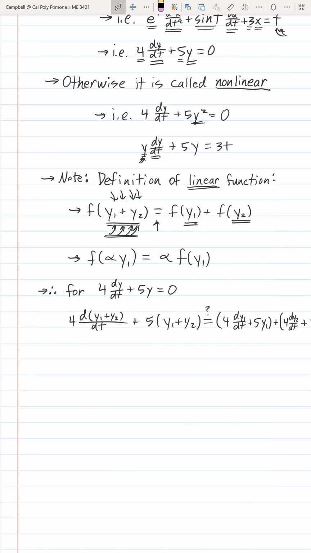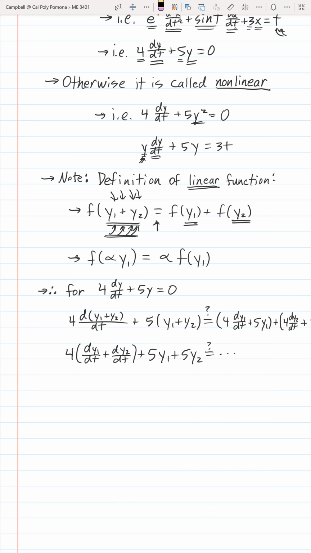So let's go ahead and work on the left-hand side. We know from derivatives that we can quote unquote distribute the derivative out: 4 dy1/dt plus 4 dy2/dt, plus, and then we can distribute out the 5, 5y1 plus 5y2, and of course we haven't changed the right-hand side.